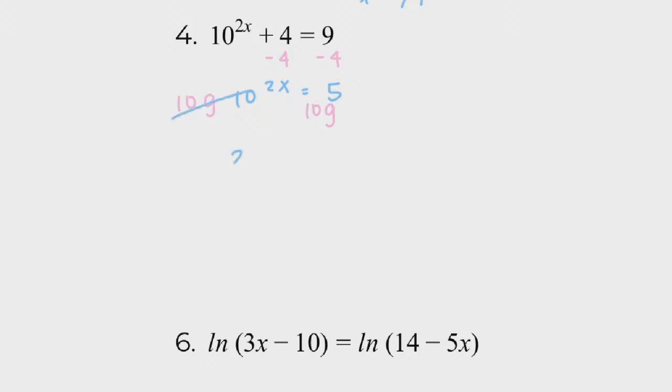So we get 2x equals log 5. Divide by 2 and we get x equals 0.349. And I chose log base 10, which is just log, so that the 10 will cancel out.